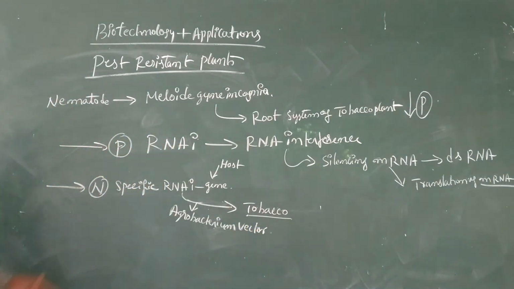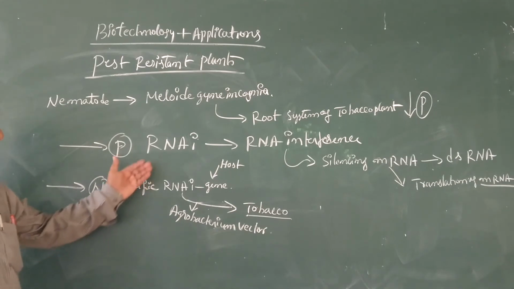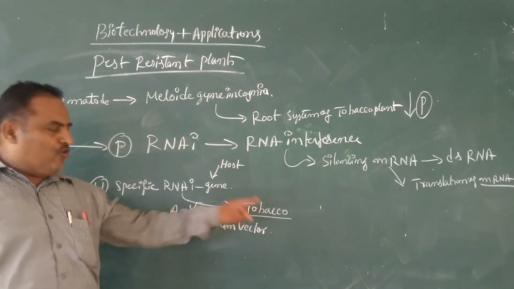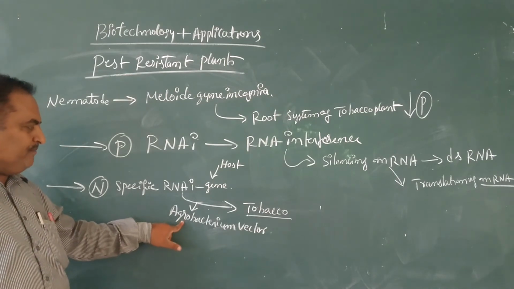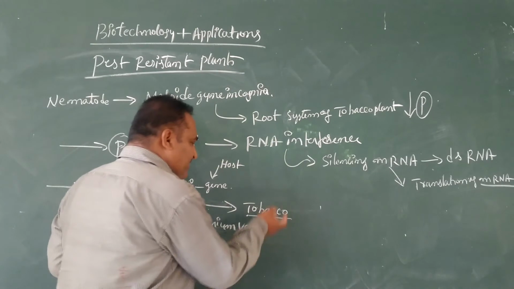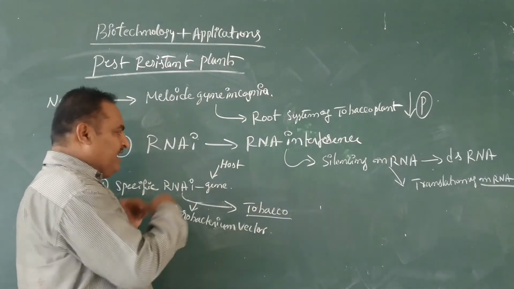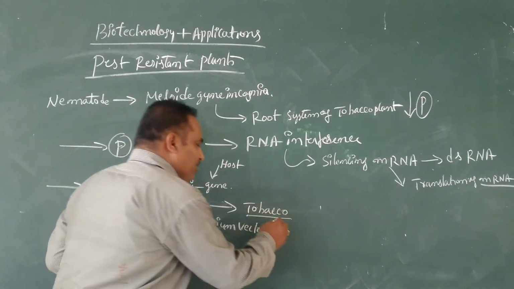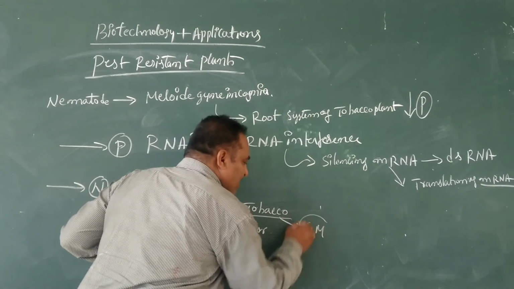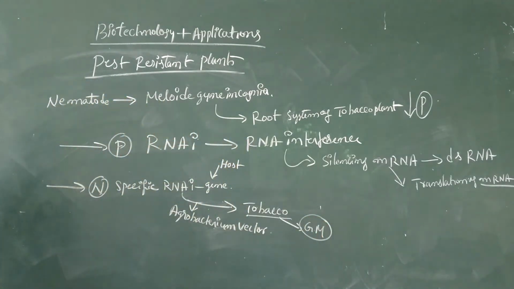The nematode specific RNAi producing gene is transferred into the tobacco plant by using the Agrobacterium vector. Then after the insertion of the RNAi producing gene into the tobacco plant, it becomes a genetically modified plant.